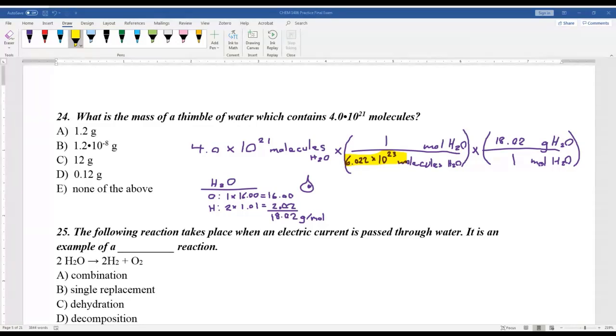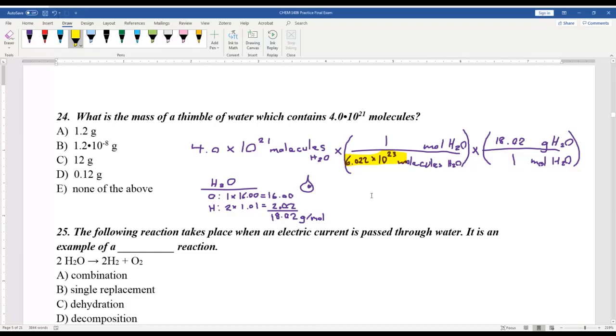Yeah, 0.1196 or 0.12. So in the TI30XS, there is the exponent button, I think. Oh, wait, no, there's not. Interesting. That does not have the exponent button. So for the TI30XS, you're going to end up having to just use the little caret symbol, the little upward arrow.